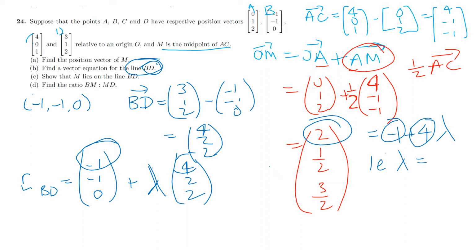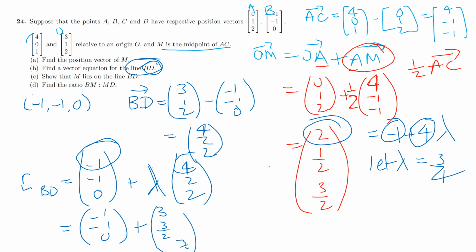If we let lambda be 3/4 in here, we get -1, -1, 0 plus 4 lots of 3/4, 2 lots of 3/4, which is 3 on 2, and again 3 on 2 here, which gives us -1 plus 3, 2, -1 plus 1.5, and 0 plus 3 on 2.